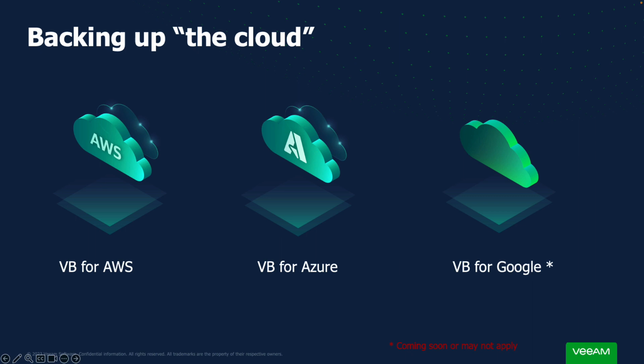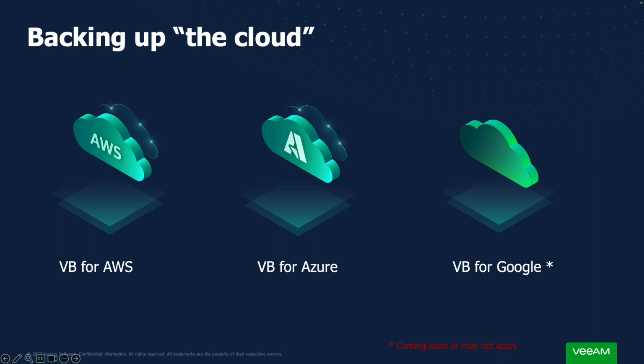And Veeam Backup for Google is excluded from doing it through our Veeam Service Provider Console. Now, by the time you watch this video, that may have changed, but as of now, 6/1/2023, Veeam Backup for Google cannot be deployed through the Service Provider Console, but all the other things will apply.